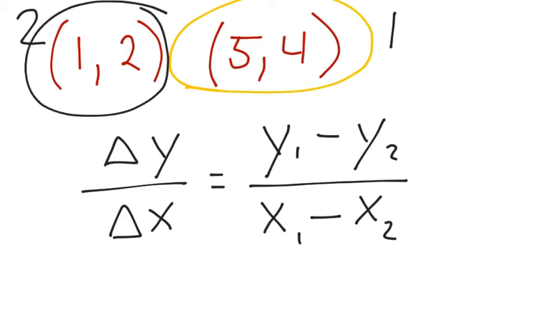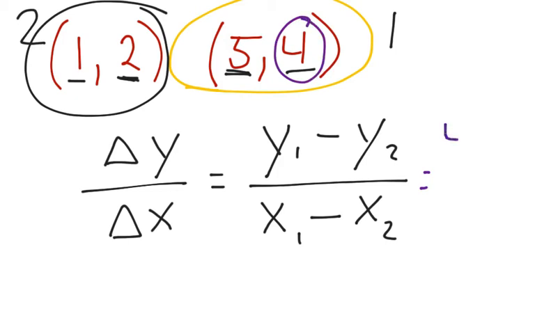This is going to be my x1, my x2. My y2 is on the left, and my x1, y1 is going to be on the right, because again, I wanted to start with the bigger numbers. So this is what I mean by needing to be consistent. You have to start with your y.